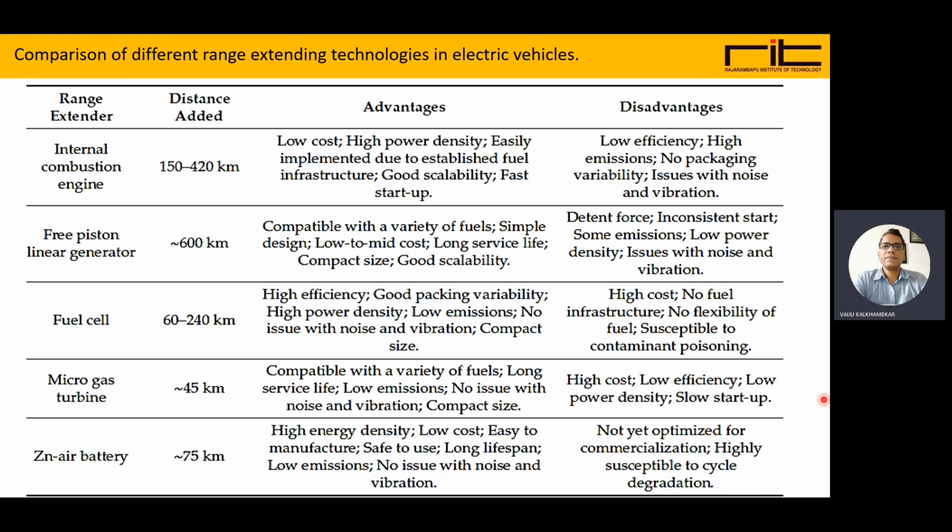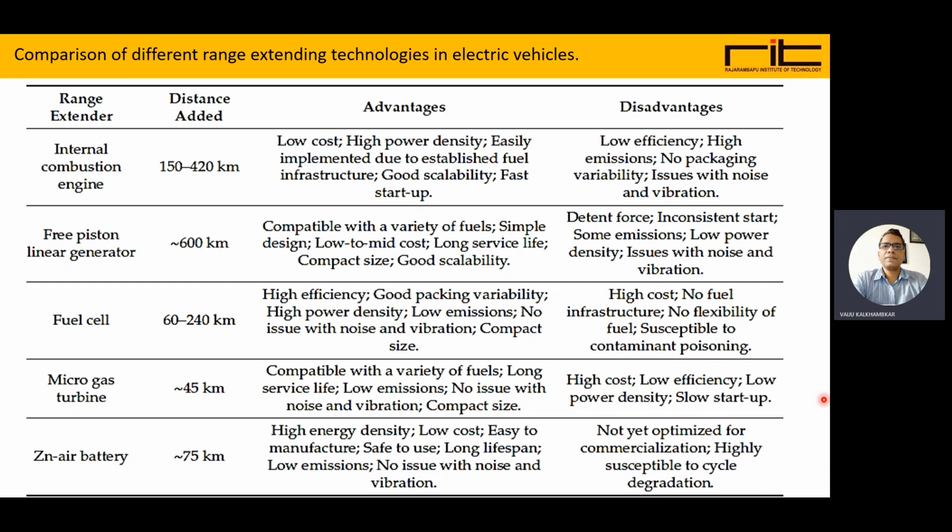Simple design, low to mid cost, that is affordable, longer service life, compact size, and good scalability. The disadvantages are detent forces acting and inconsistent start. There are some emissions also, low power density, and issues with noise and vibration are still there as the movement is a linear one.